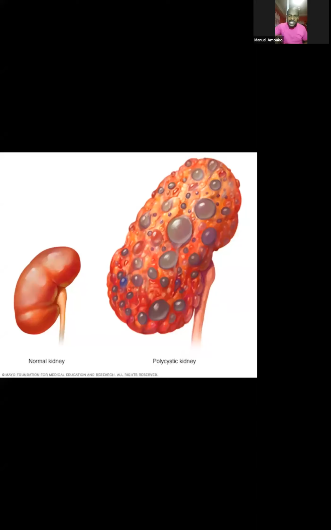Okay, so looking at this picture, this is a polycystic kidney. So these fluid-filled sacs are on the surfaces of the kidneys, but you can also have a fluid-filled sac which is within your kidneys. And this can be caused by any of these things I mentioned earlier, or when you have infection, which is caused by gonorrhea, syphilis, chlamydia, and other types of infection.